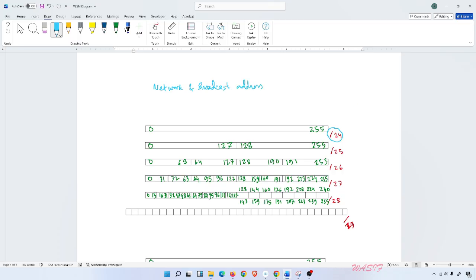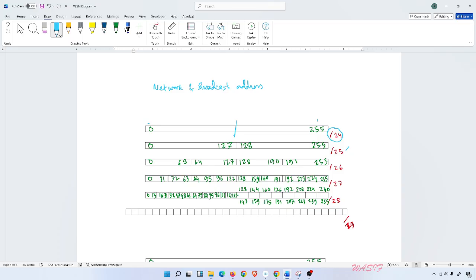When it was /24, it was 0 to 255. All the numbers were in the same place, like in the same room, or you can say in the same pool. When it was /25, what happened? The room got divided into halves.